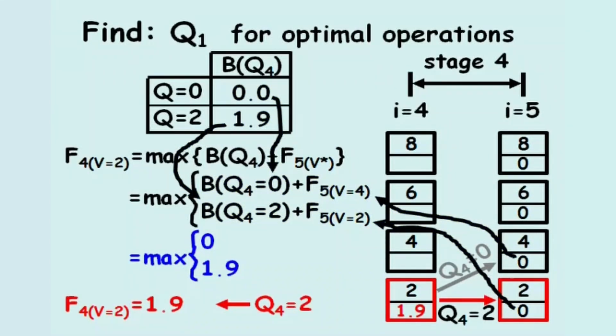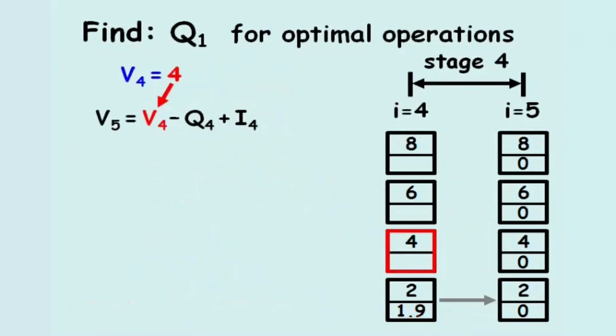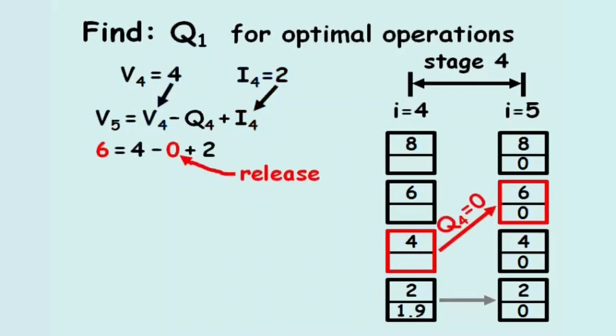Next, we'll repeat this process, but assume that there are 4 units of water in the reservoir at the beginning of stage 4. We also know the inflow for stage 4 equals 2. Therefore, if we decide to release 0 units of water, the reservoir will have 6 units of water at the end of the stage.